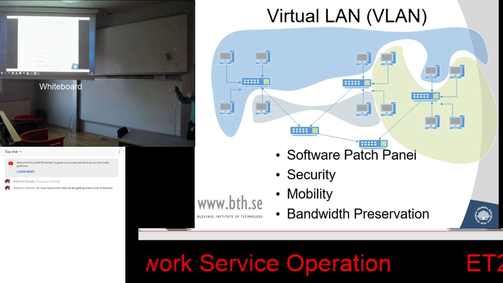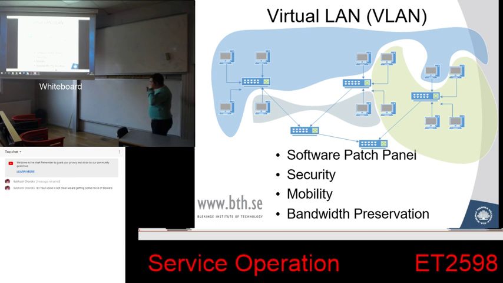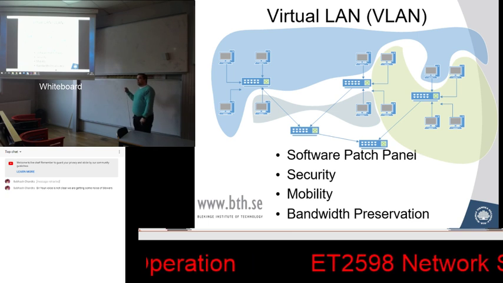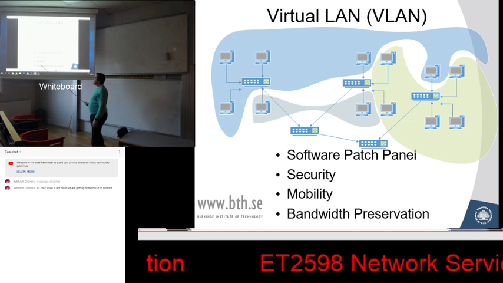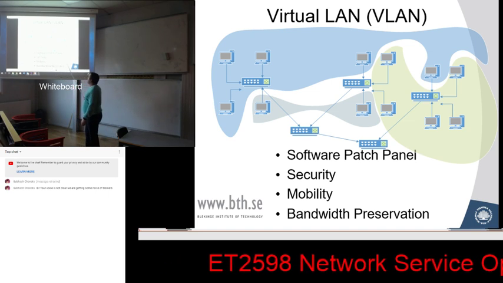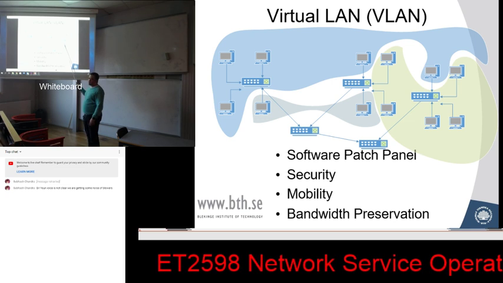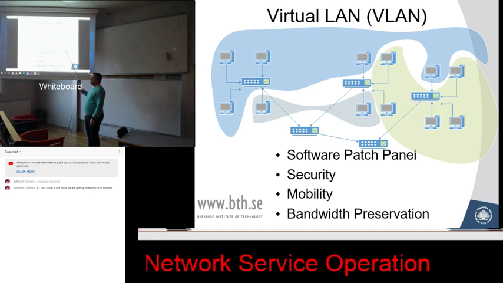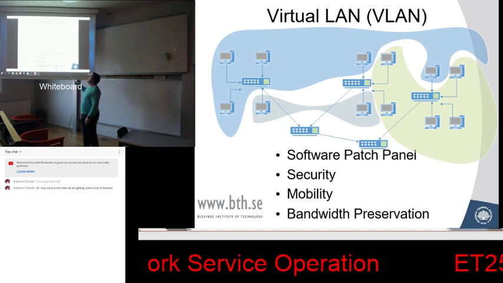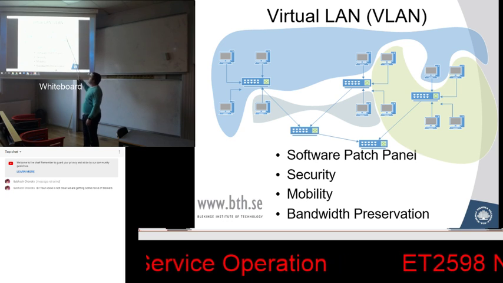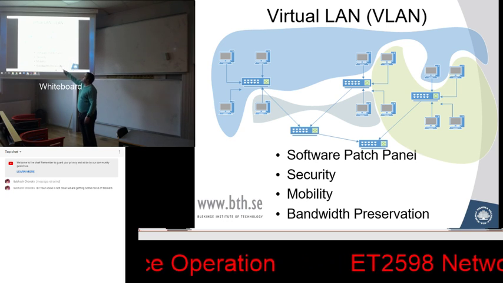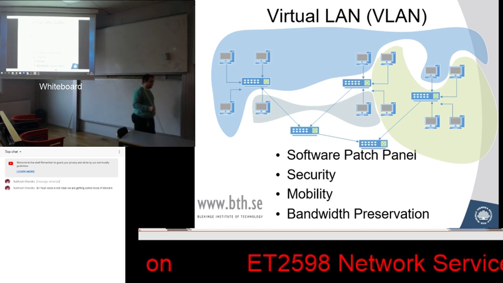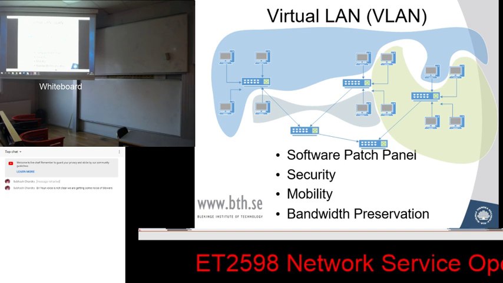So that improves security because I'm not seeing those that are not supposed to be seen. It enables mobility because now I can unplug my device over here and plug it in over here. As long as the device is properly configured, the switch will recognize this is that device, that belongs to this VLAN, and a connection is made for this guy that I just plugged in, and it becomes part of the same VLAN as it was before, and it can communicate as before.